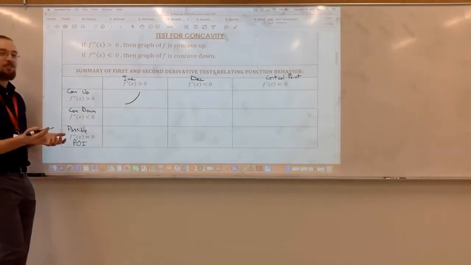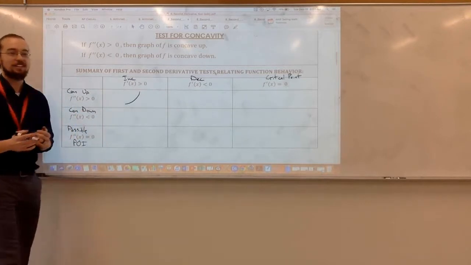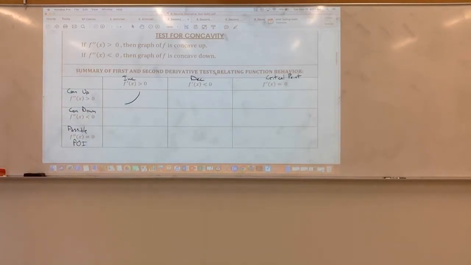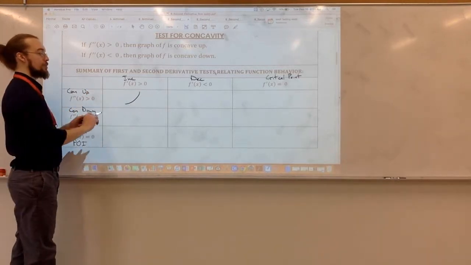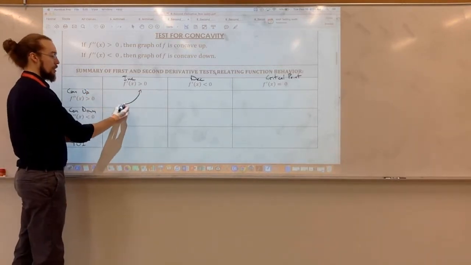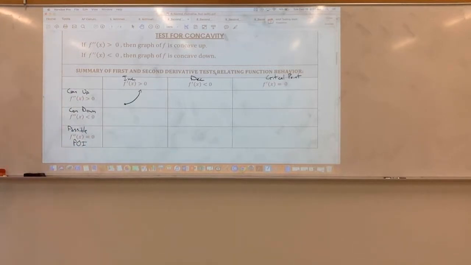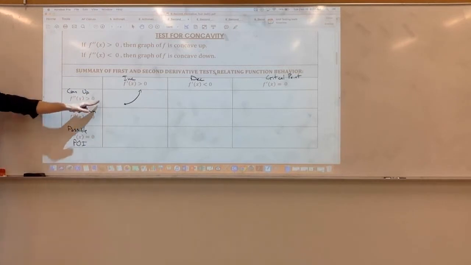We're drawing examples of what this would look like. All right, so concave up and increasing. This would be an example of a function that shares both of those characteristics. So if both the first and the second derivative are positive, this is what that piece of a function would look like.